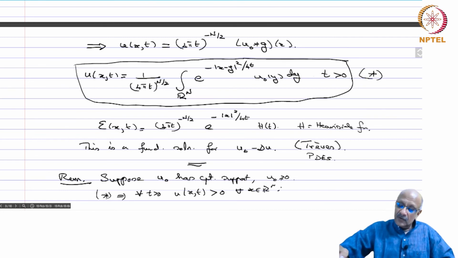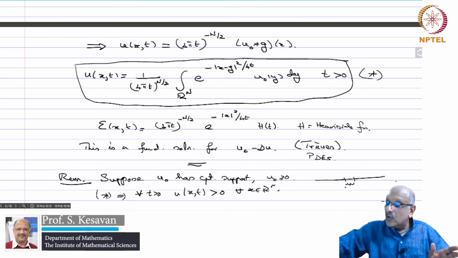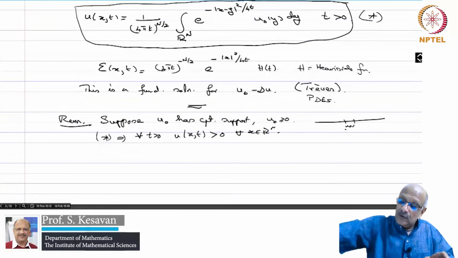Suppose you were on the real line and u naught is positive with support here. Instantaneously the heat is felt throughout the rod. This seems counterintuitive, but it is true. Of course one can show that it will be very small as you go far away, but still it will be non-negative, so instantaneously the heat diffuses throughout.